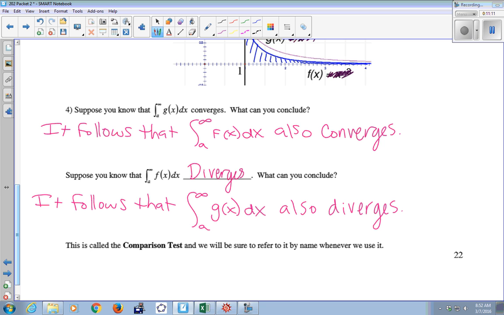Which one are you trying to figure out? Either one. Divergence. Like the smallest divergence. Well, I need a more specific question.